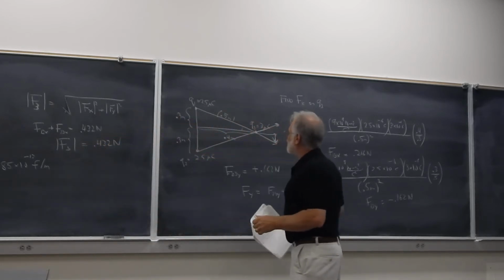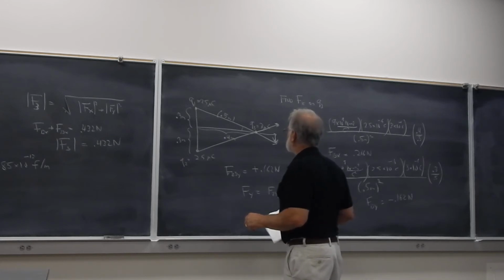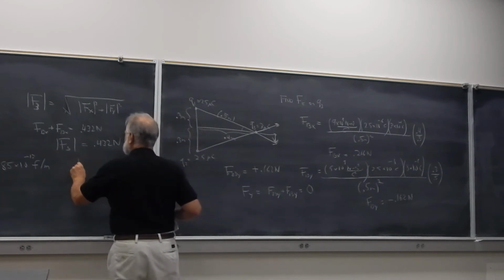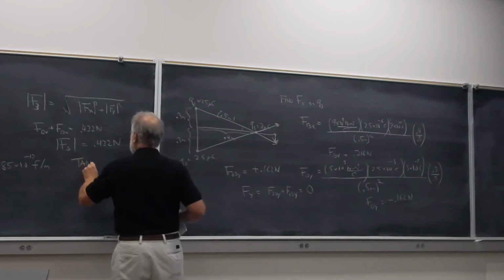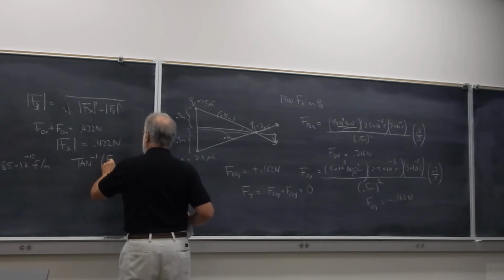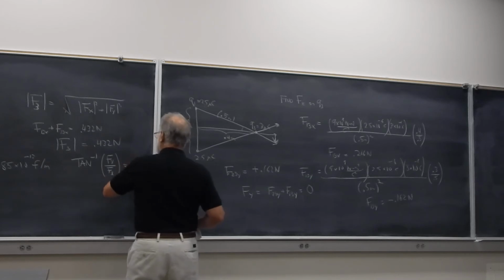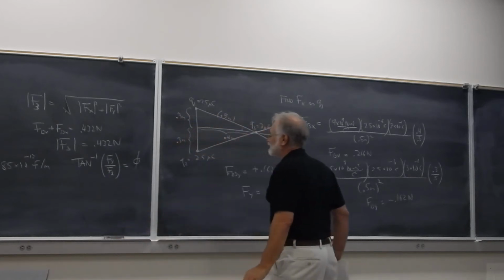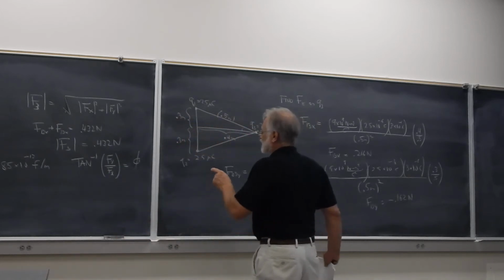Now suppose I want to find the direction of the force, which I always want to do. Well, in this case, the way we do direction is to say the angle arctan of Fy over Fx is equal to, we'll call it phi, the angle at which the force is applied.